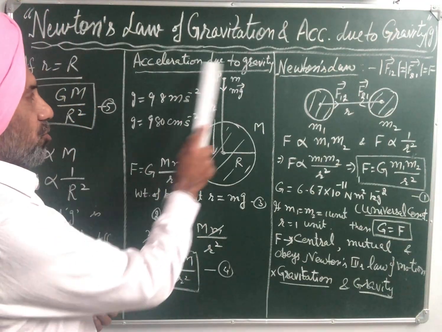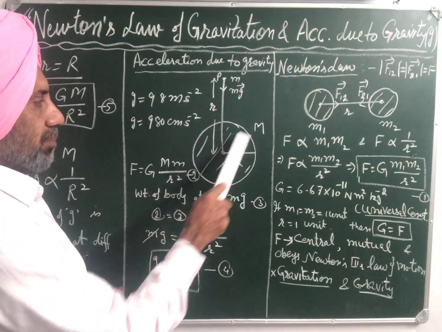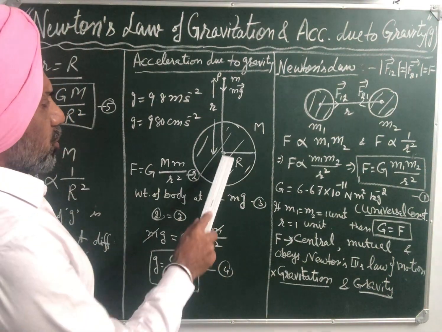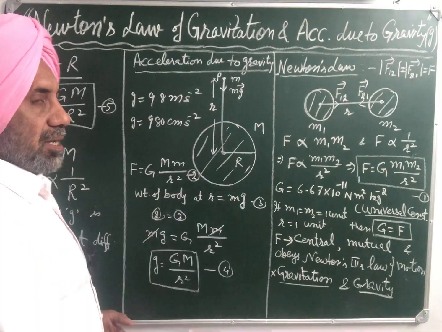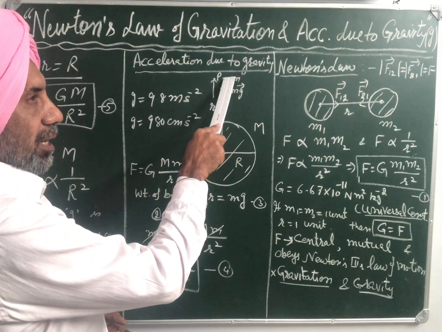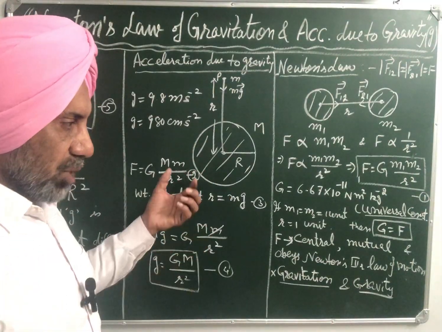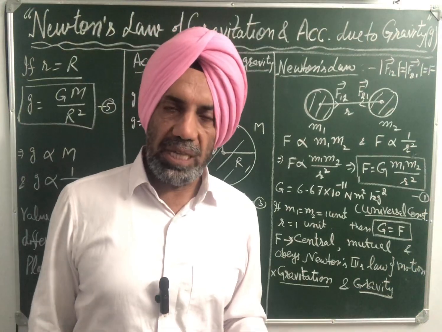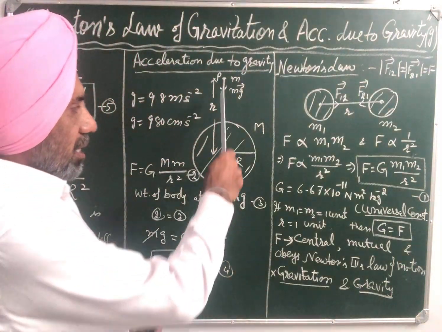Now what is acceleration due to gravity? Suppose this is our Earth having radius capital R, mass capital M, having center O. Suppose a body of mass small m lying at P at distance small r from the center of Earth. Then the weight of the body acting at P is given by mg, with which it is attracted towards the center of Earth. Because weight of the body is nothing but the force with which a body is attracted towards the center of Earth.